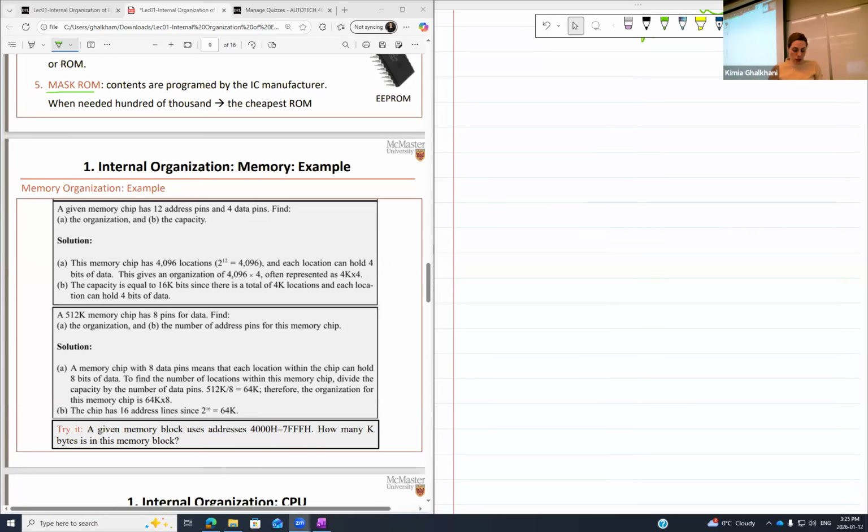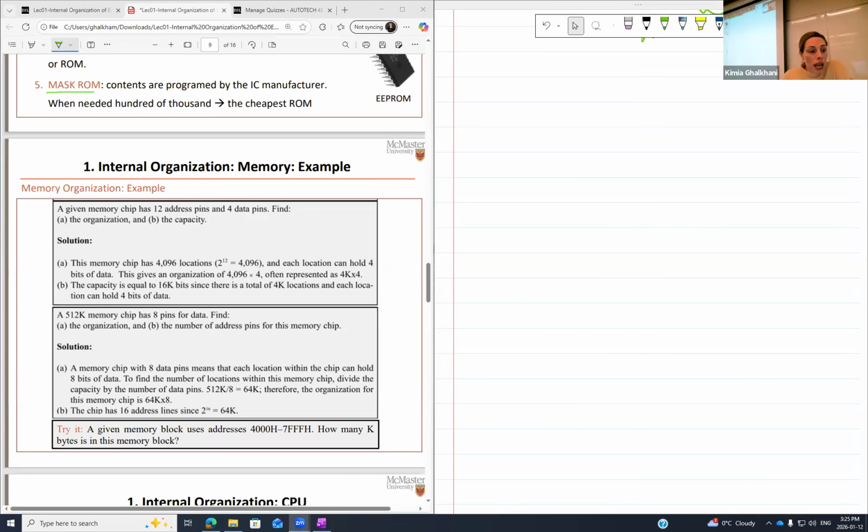Okay, welcome back to the second half of the class. I already introduced how we can calculate the memory, or actually the capacity of the memory, or the organization. Let's practice that using this example.